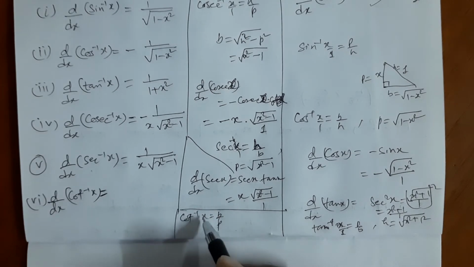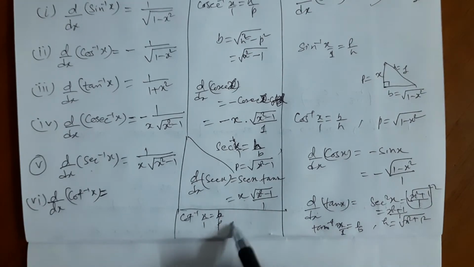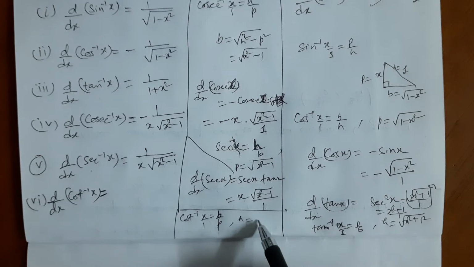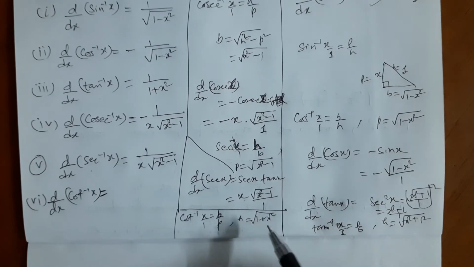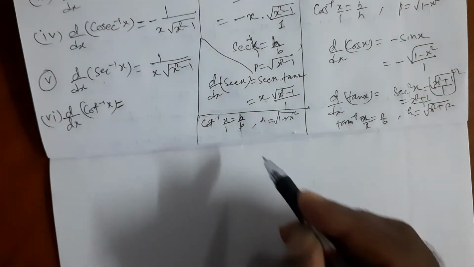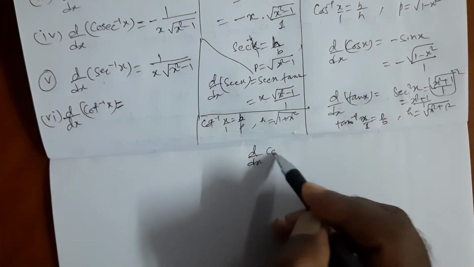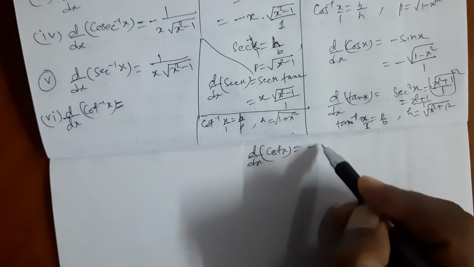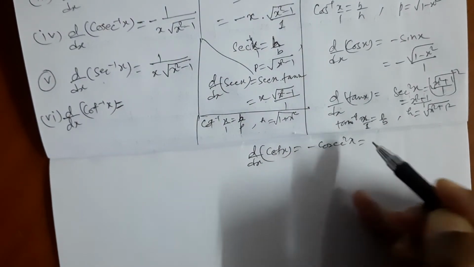Here you suppose that b equals x, and then p equals 1, and h will be root over p square plus b square, that will be root over 1 plus x square, and the derivative of cot x, you know, the formula is minus cosec square x.